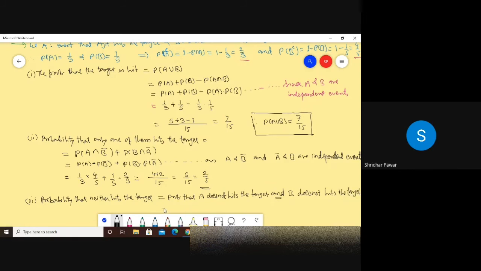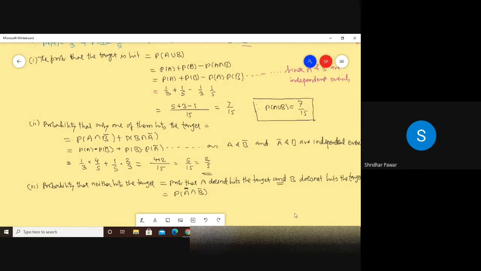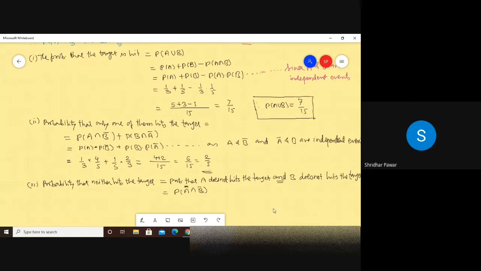So this is equal to probability A does not hit. A hits means probability of A. A does not hit means probability of A complement, and means intersection. B does not hit. Okay, but A complement and B complement, these are A नी न हिट करण्याचा B नी न हिट करण्याशी काही संबंध नाही.